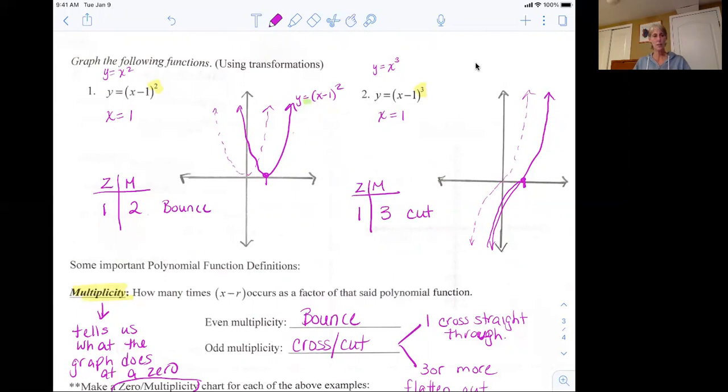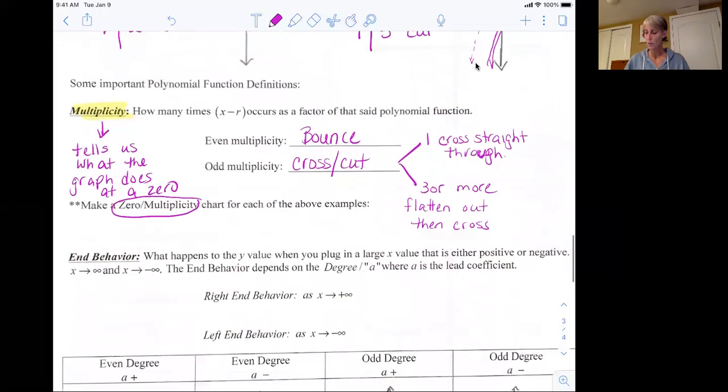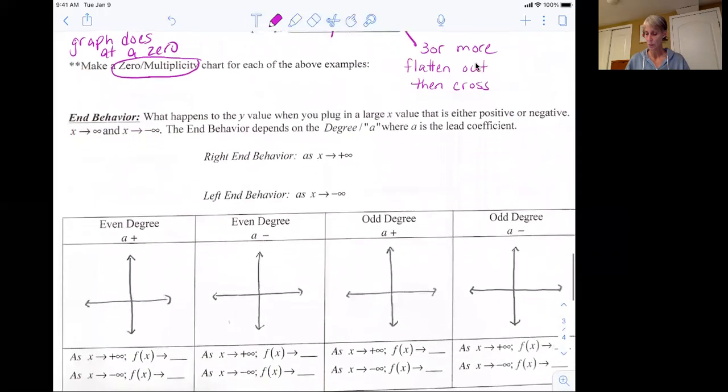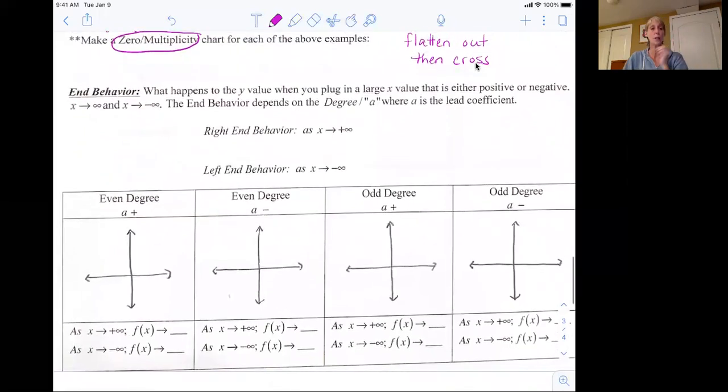All right. So we discussed multiplicity a little bit, and again, that's a term that should be familiar to you from last year. One last thing we want to talk about before we graph one of these by hand is something called end behavior.